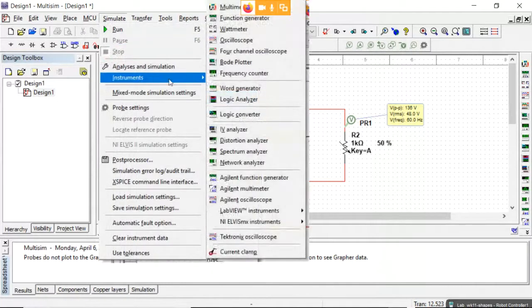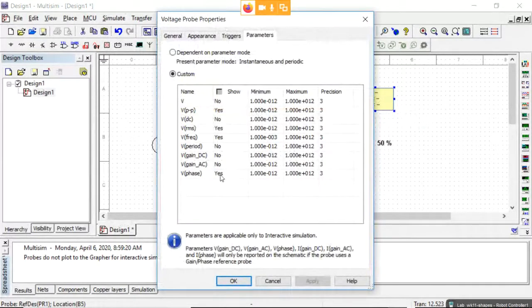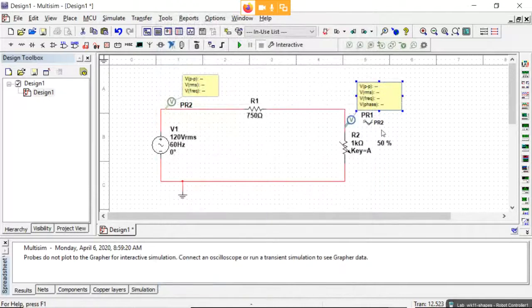It's telling me it's going to show the phase here, but, gain, there it is. Gain phase reference probe. So we have to check that box to get the phase. That's what it's telling us.